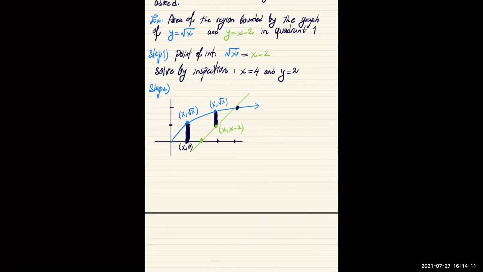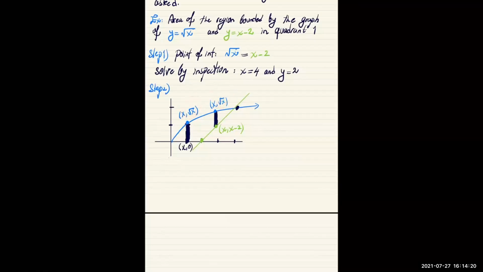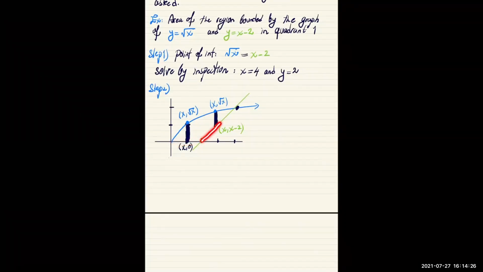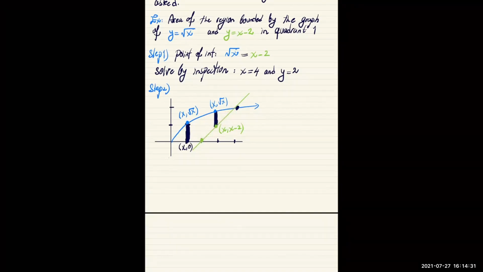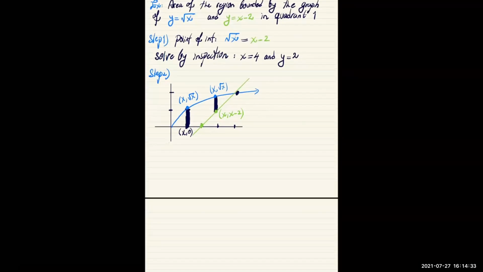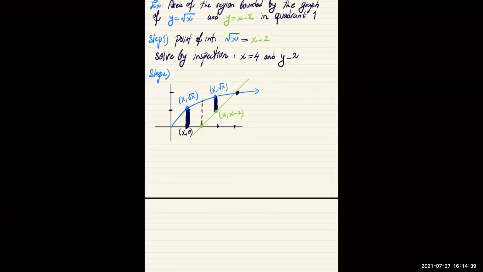So you see what's going on? The top boundary is always consistent. The top boundary is always root x. But the bottom boundary is sometimes this line, sometimes this line. We don't have that consistency. So we have to break this up into 2 integrals. One integral goes from 0 to 2.